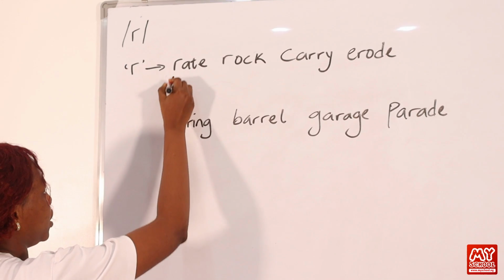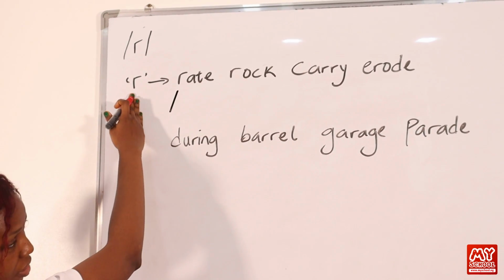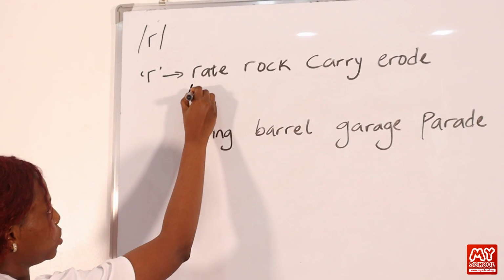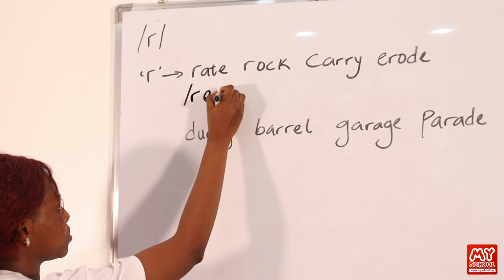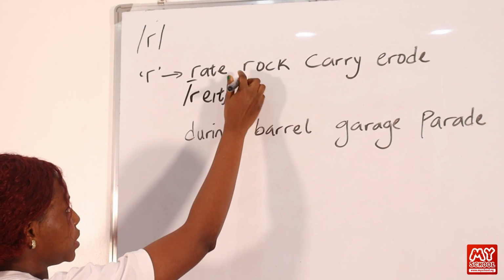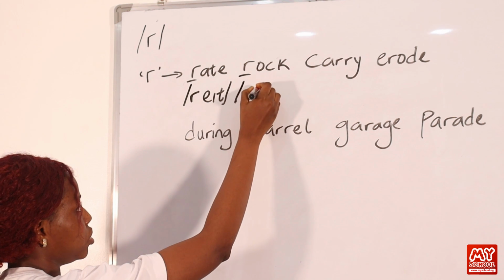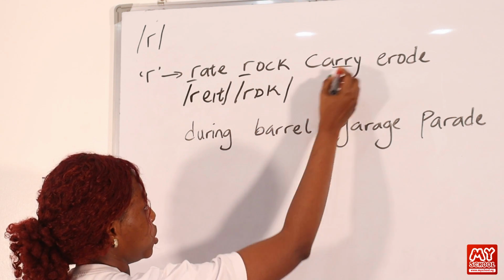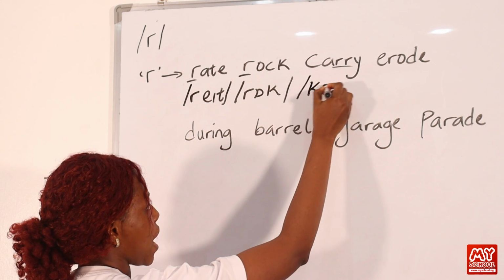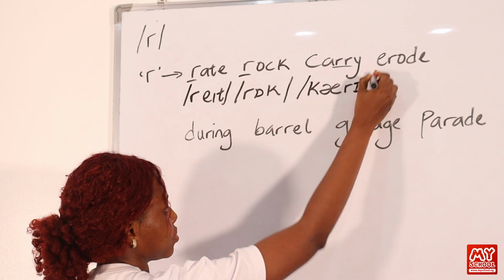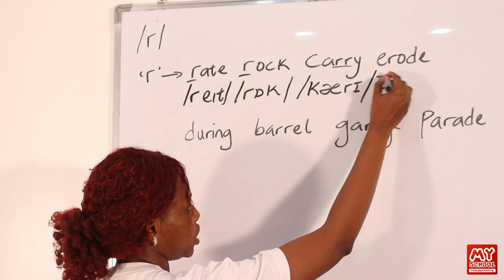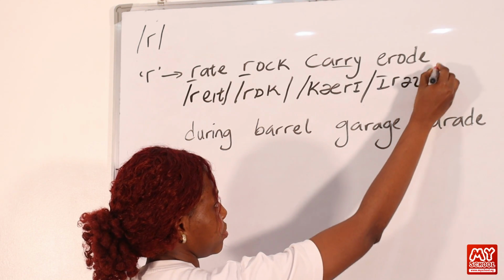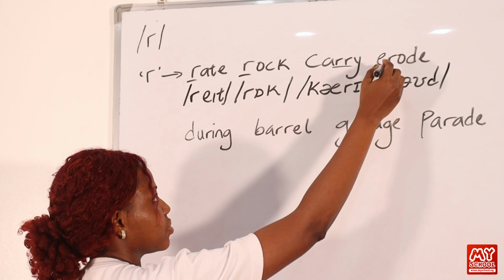So we have letter R or RR, okay? And we have it in the word raids. We have it in the word rock. We have it in the word carry. We have it in the word erode.